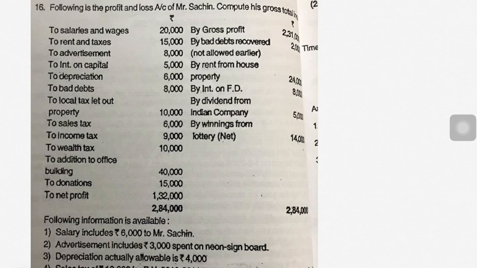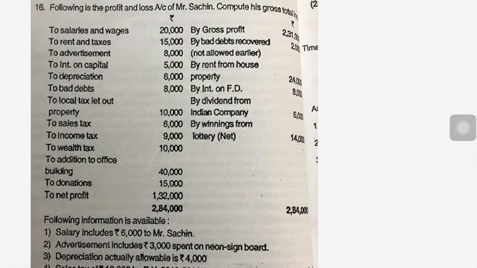Again you will treat this separately, so you will subtract this. Next, by dividend from Indian company, which is exempt, so 5000 you will subtract it. Then by winning from lottery, you have to treat it separately, correct? So this is income from other sources.